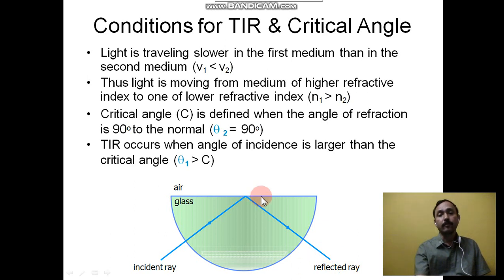If this angle is theta 1, then it should be more than the critical angle C. We have already discussed that C is the angle of incidence for which the refracted ray becomes 90 degrees. So total internal reflection will occur when theta 1 is more than the critical angle and light is coming from the denser medium to the rarer medium.